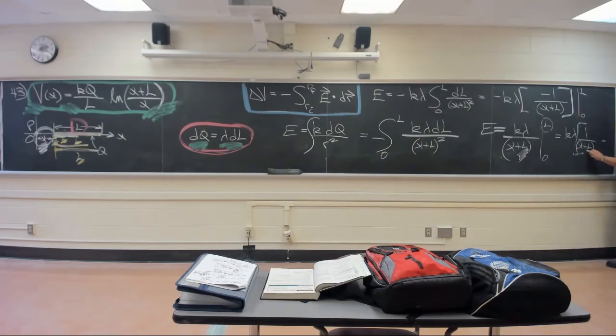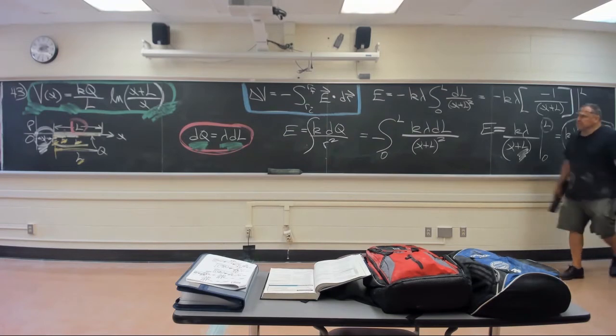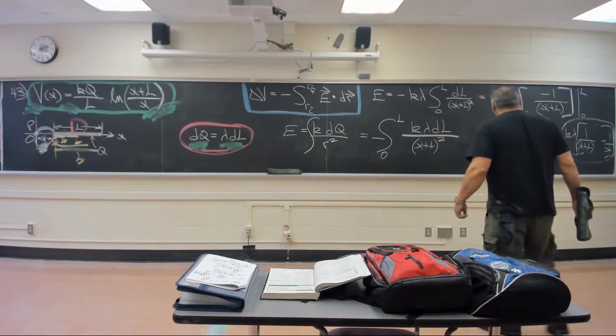This is big on the bottom, this is small on the bottom. 1 divided by small is bigger than 1 divided by big. This is a negative answer. Hey, that's consistent. That thing points to the left. Negative values.